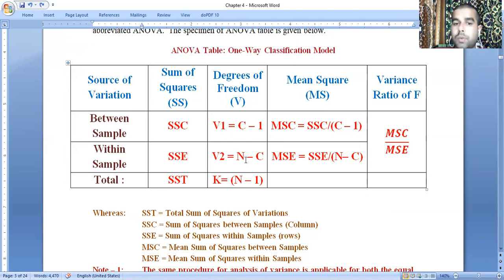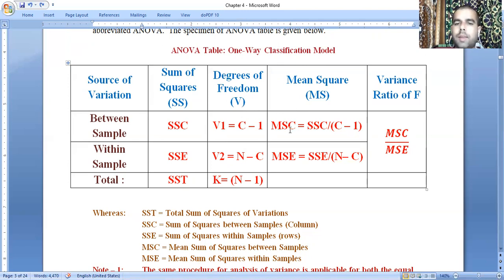You have to observe carefully, because sometimes equal and unequal samples will be there. At that time, count the numbers in each column and decide whether N is 20, 15 or 16. C indicates columns, so N minus C. Then the final one, K is equal to N minus 1: the total number of individual samples minus 1. I think you understood the degrees of freedom also.